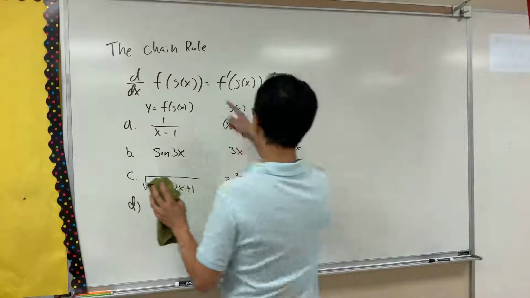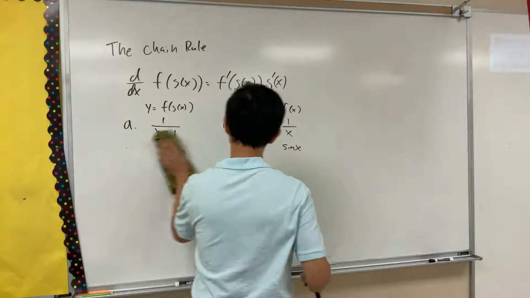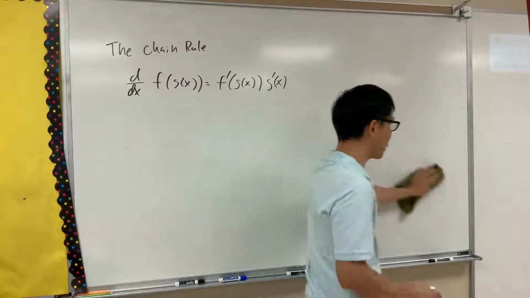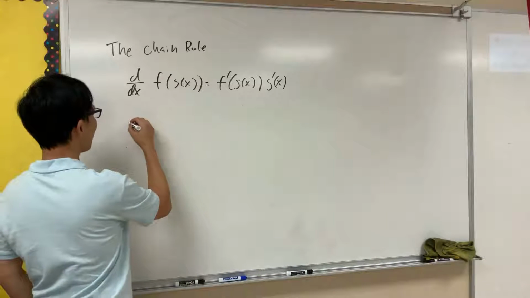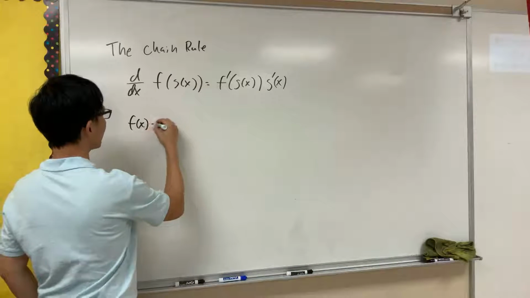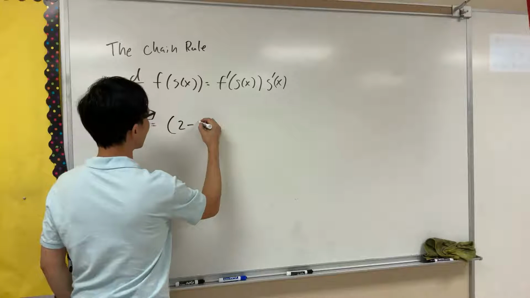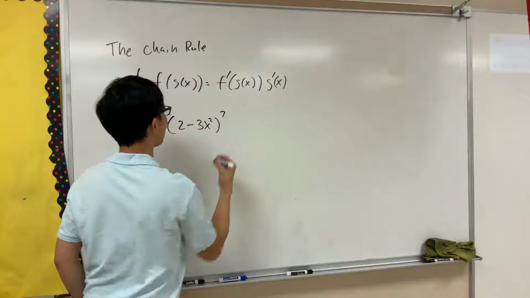So we're going to talk about the chain rule. This one's super easy. I think a lot of people can do what we do today. Just imagine I have f of x equal to 2 minus 3x squared to the 7 power, right?